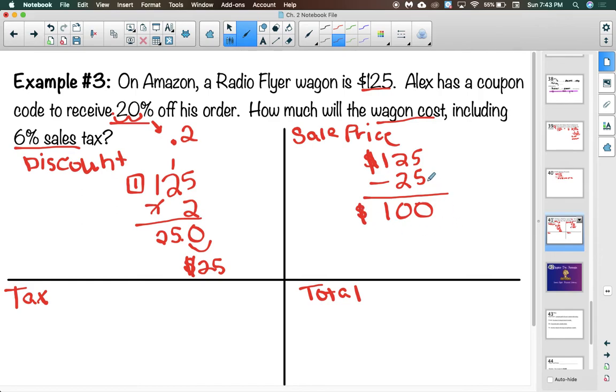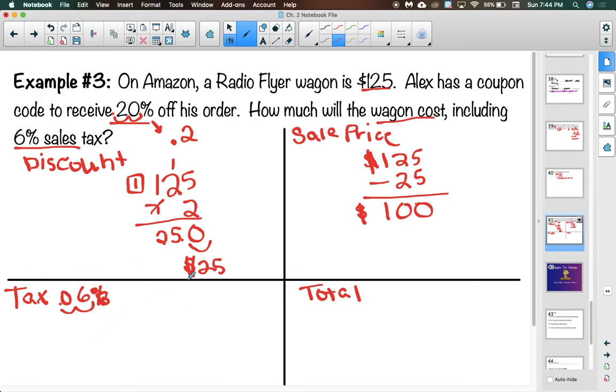Okay, now that we know the sale price, we can find the tax. So down here, we have to find a 6% tax. Take your decimal, move it 2 places to the left. Okay, that 0 cannot be cleaned up. The 0 between the decimal and the number has to stay there.